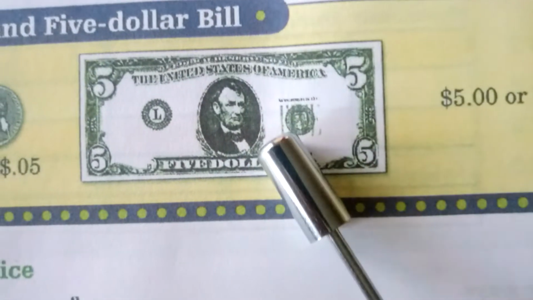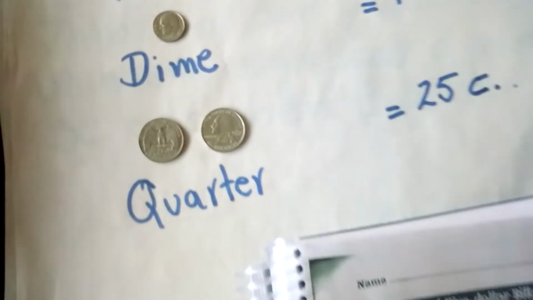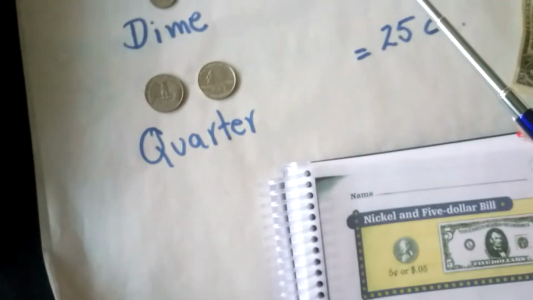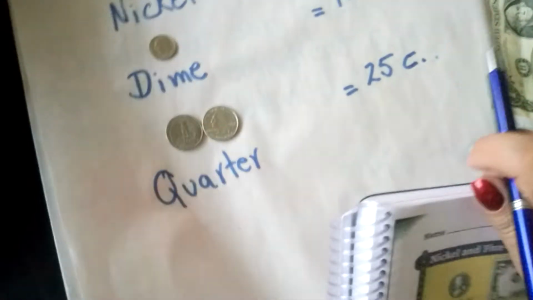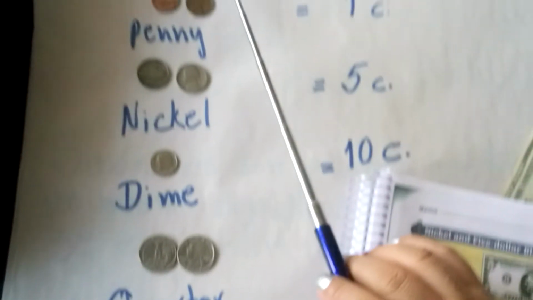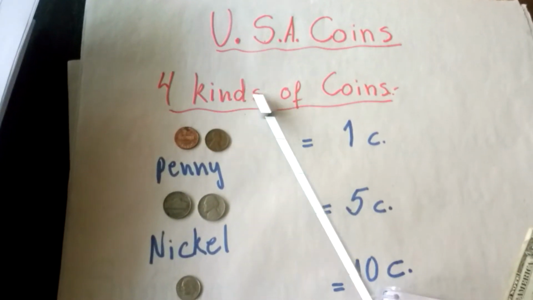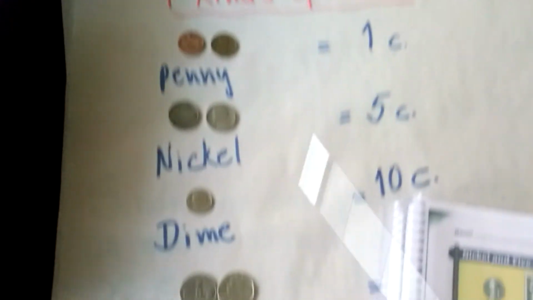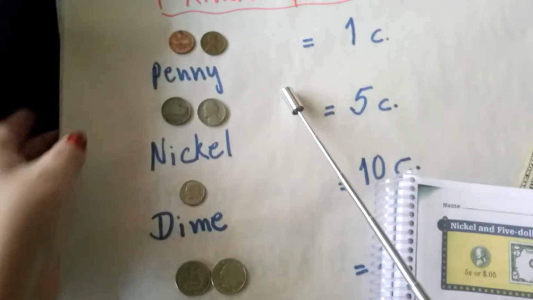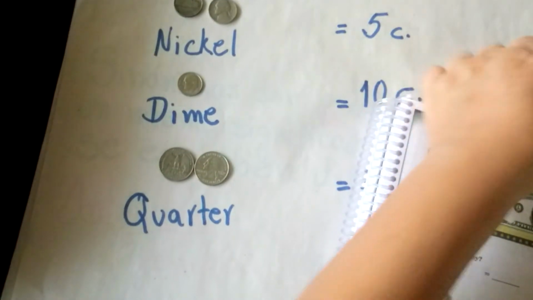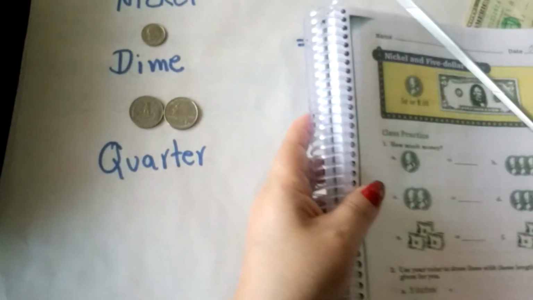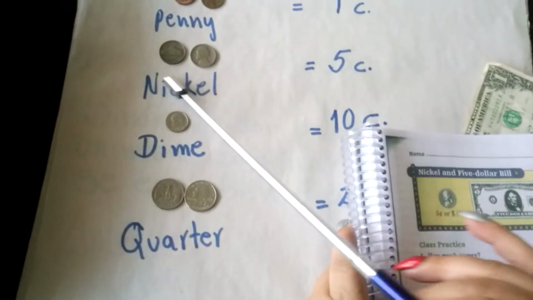Now we already reviewed the kinds of USA, United States of America coins, and we have 4 kinds of coins, 1, 2, 3, 4, that we already studied, and today we will study $5 bill and nickel.